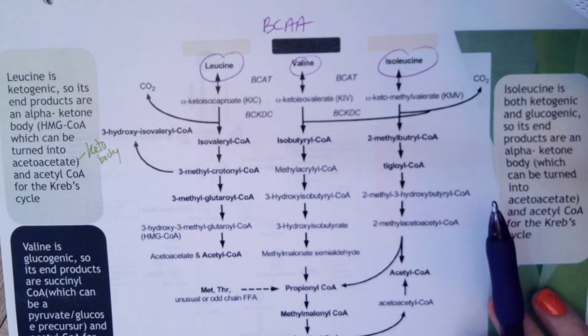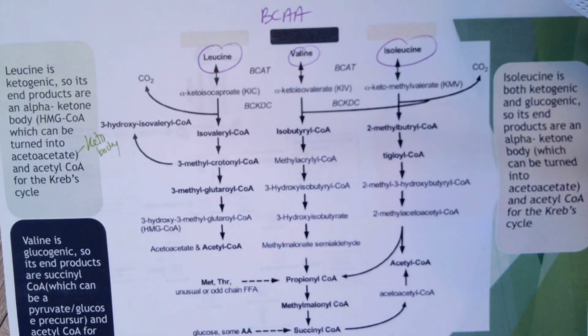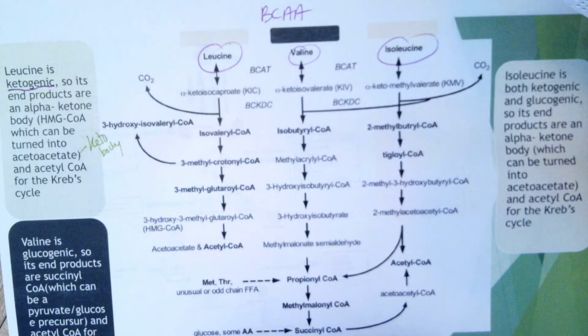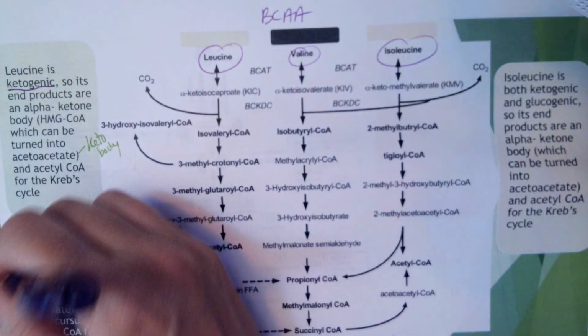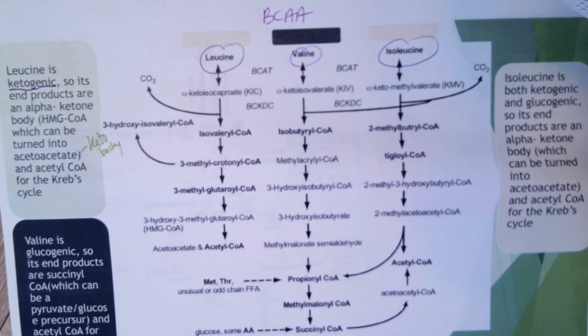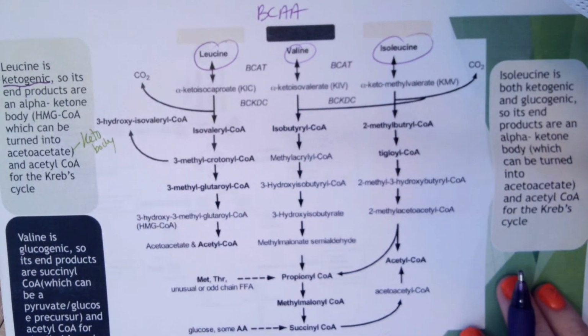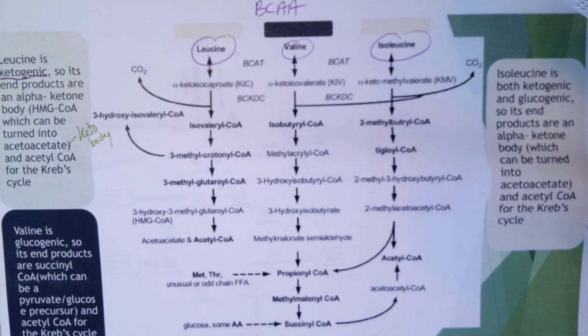A lot of amino acids are both. So all amino acids are going to be able to be broken into something. And remember, when we're ketogenic, we're going to be making keto acids. If we're glucogenic, we're making pyruvate, glucose, things like that. And then if we're both, we can do both.